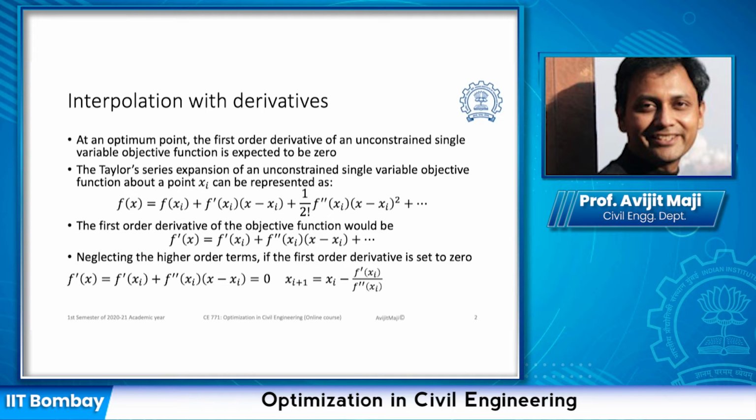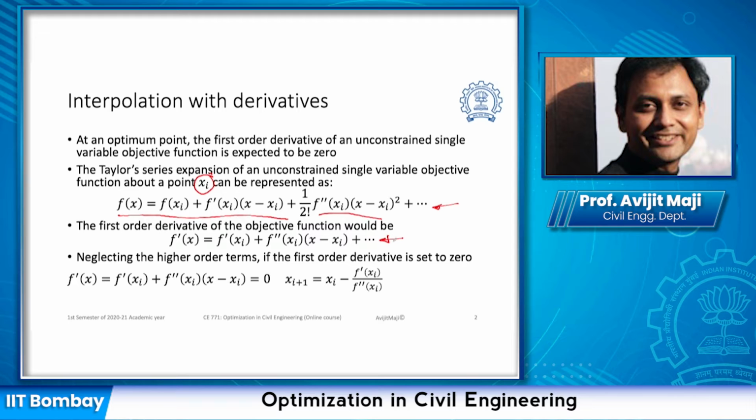For this process, first we have to understand the Taylor series expansion of an unconstrained single variable objective function about a point xi, and this is represented as shown in this equation. Now if we take the first order derivative of this Taylor series expansion, we can represent the equation as shown here.